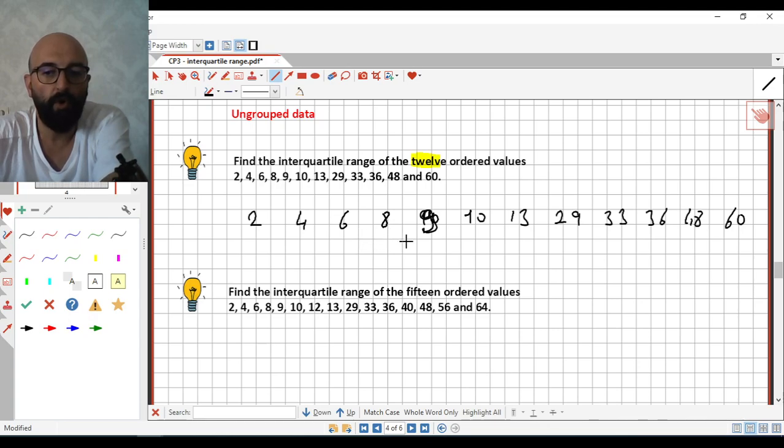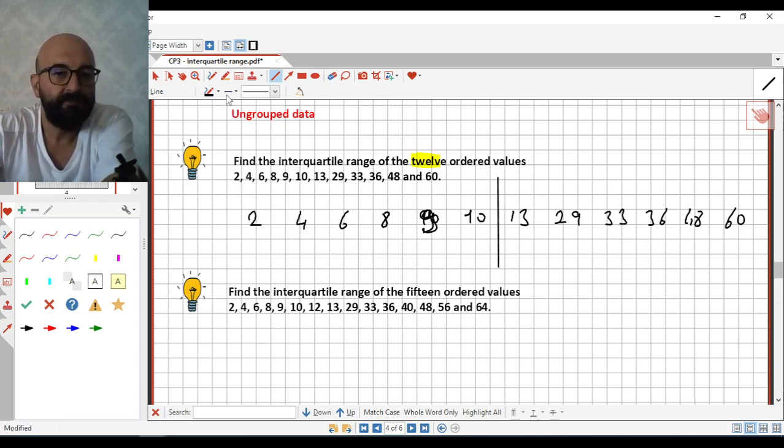So 2, 4, 6, and the first half here, the second half here. For the lower quartile, the middle of these values, we have two values, because we have an even number of values.